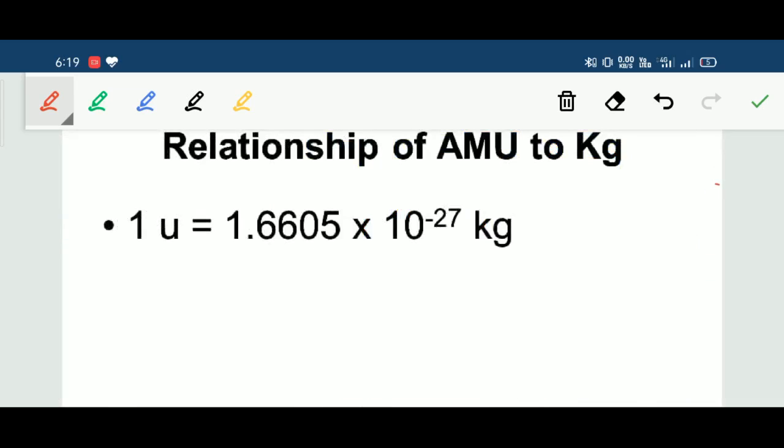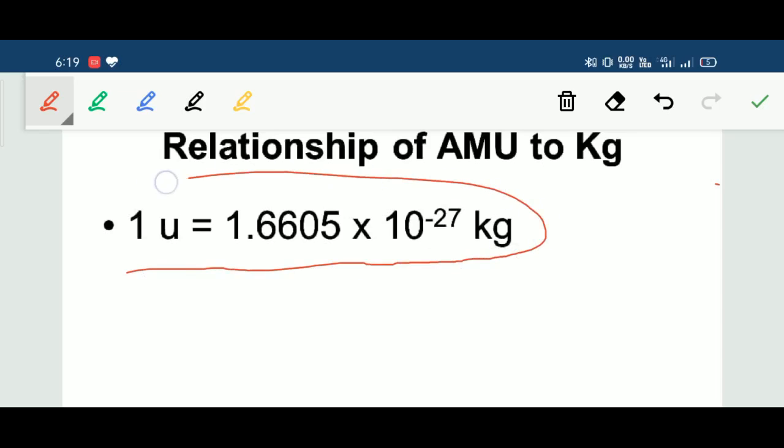Students, these relative atomic masses are simple to learn and use, and moreover they can also be converted into kilograms, because it is experimentally found that one atomic mass unit is equal to 1.6605 × 10^-27 kg.